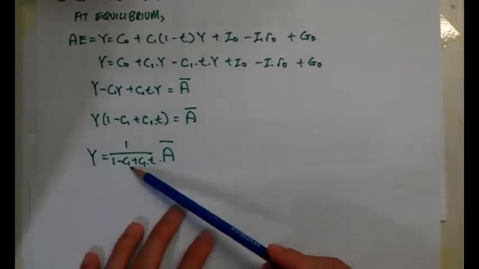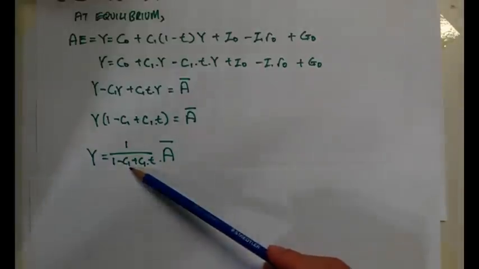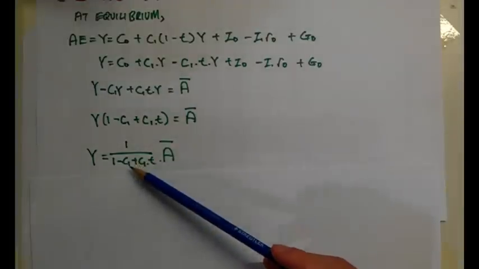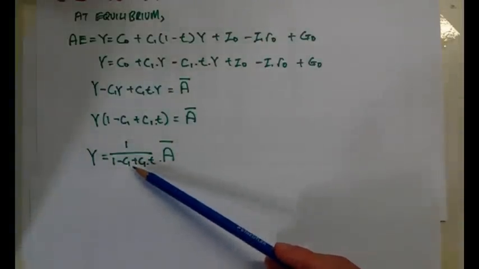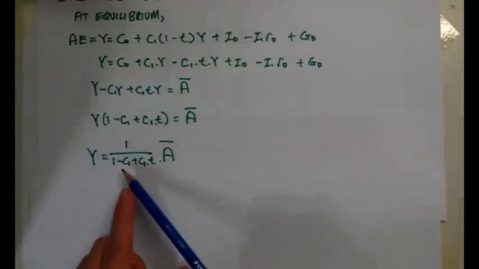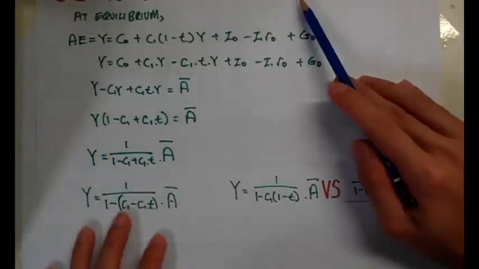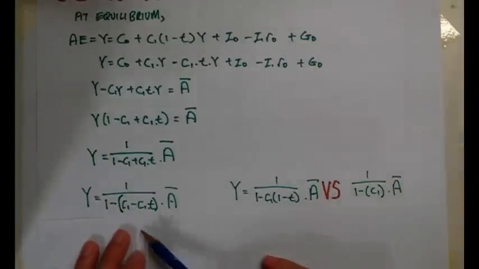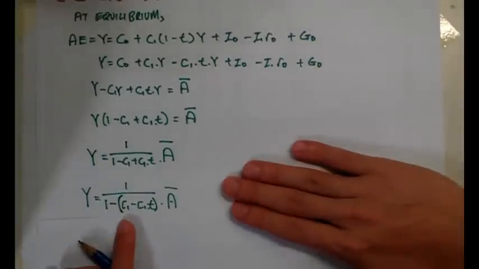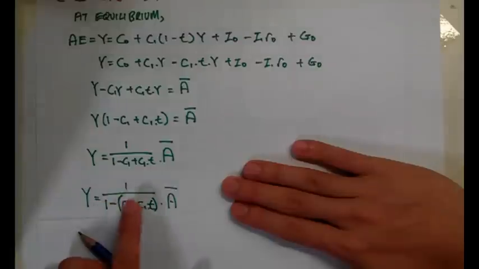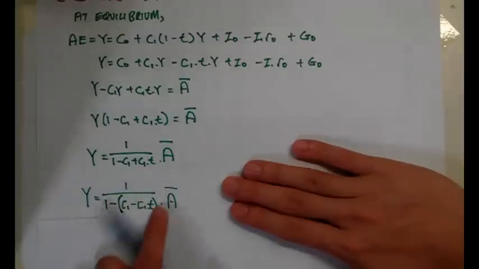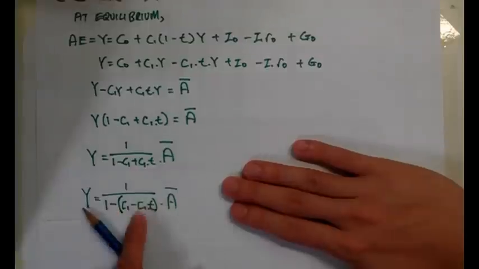So now, how am I going to make this into a 1 minus m kind of format? I'm going to factorize minus 1, and I've got this. Now don't look at this first. This essentially becomes 1 over 1 minus something. Then the something is inside this bracket, and that's the m. So this is my multiplier.